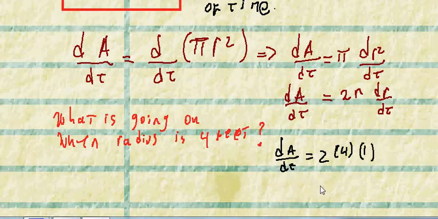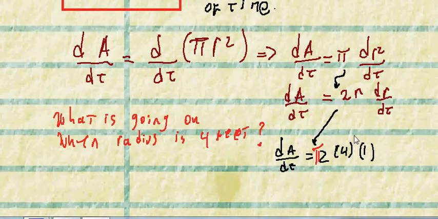By the way, I was really silly here. I had a pi over here, and I forgot to bring it down here. No one is perfect. So I got to put that pi in there. So sorry, pi must be in there.